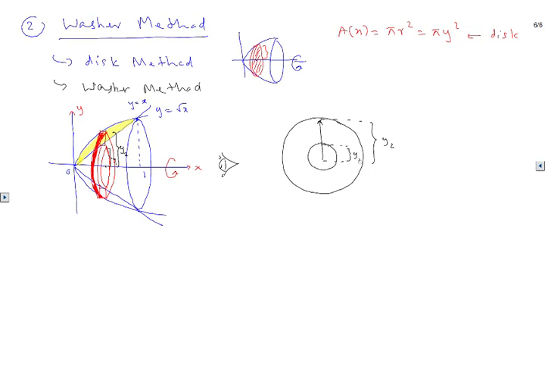Because of those two, there's a hole in there. So it's a washer. It looks like a washer, and that's why we call it the washer method.